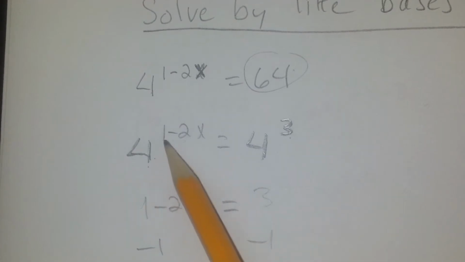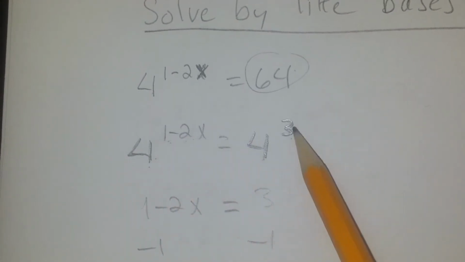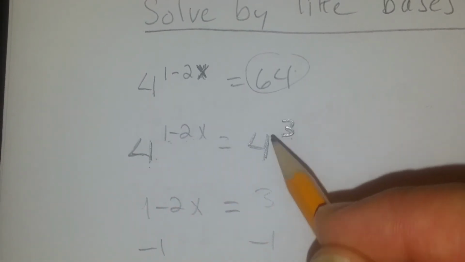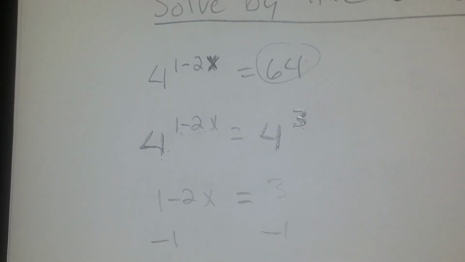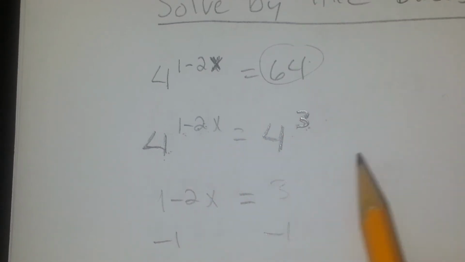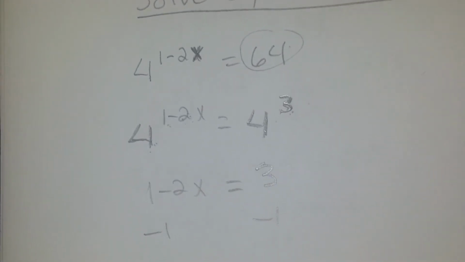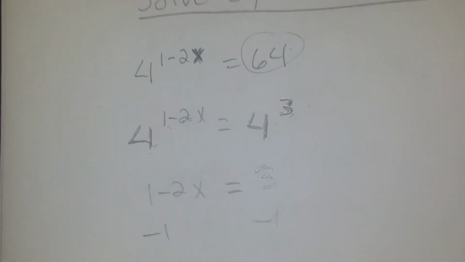So now I've got 4 to the 1 minus 2x equals 4 to the third power. Well, obviously, if this equals this, and my bases are the same now, the exponents have to equal each other. 1 minus 2x needs to equal 3. I don't know if you can see that. It doesn't look like it's showing up very well.